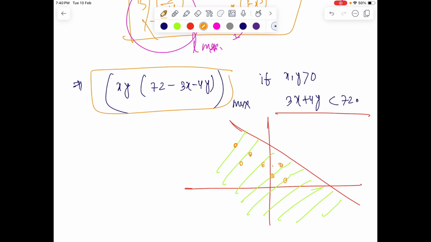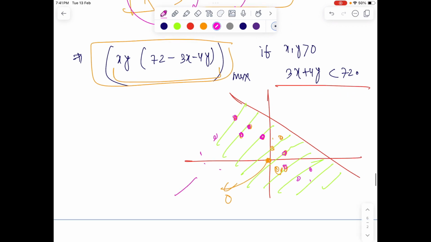Okay. So now you pick up any point in this region. For any point in this region, there will be a value for this expression. Let's say if I take the origin (0, 0), then the value of this expression is just 0. So every point in this plane will have a number associated to it.